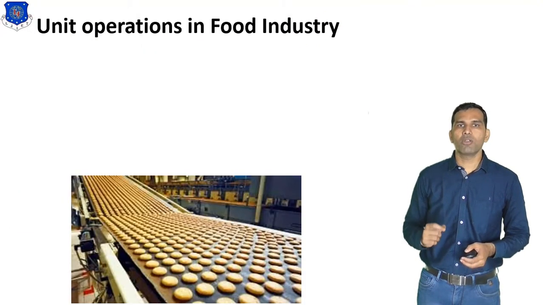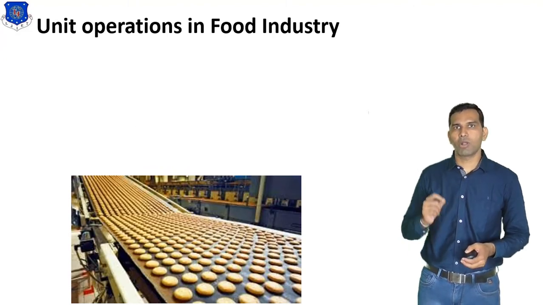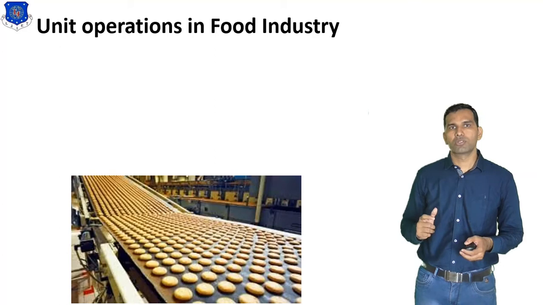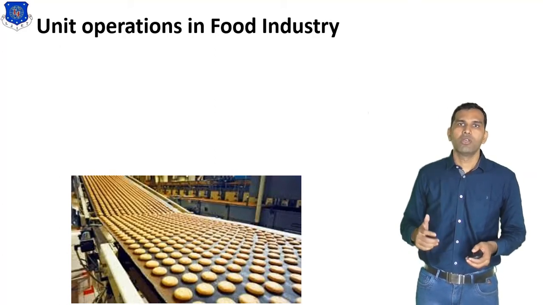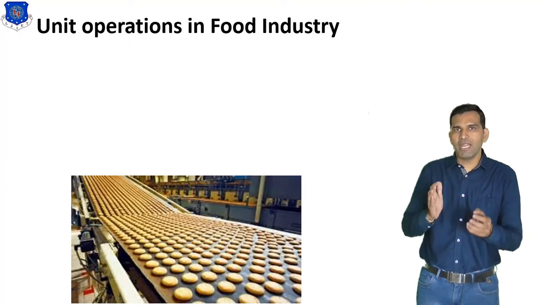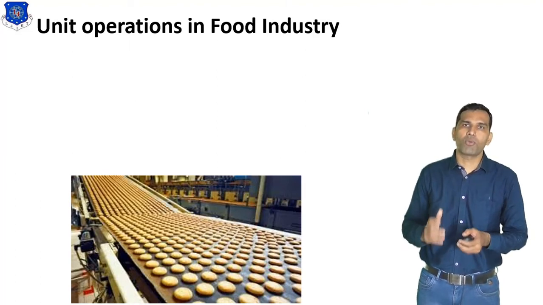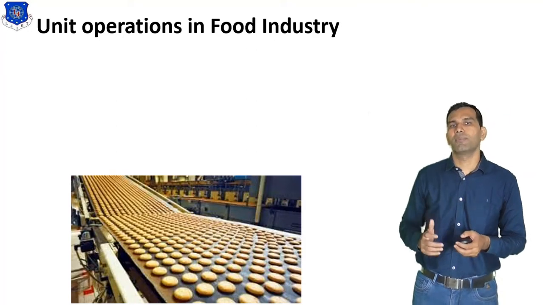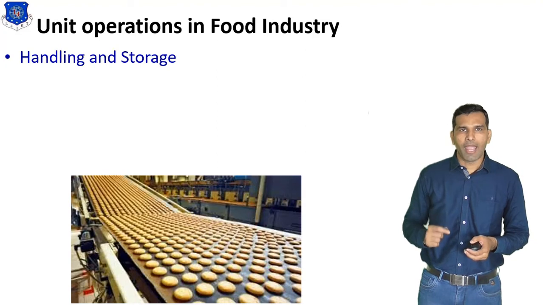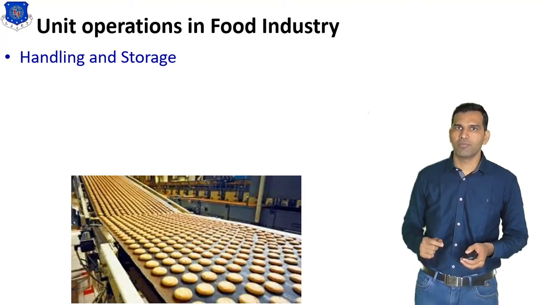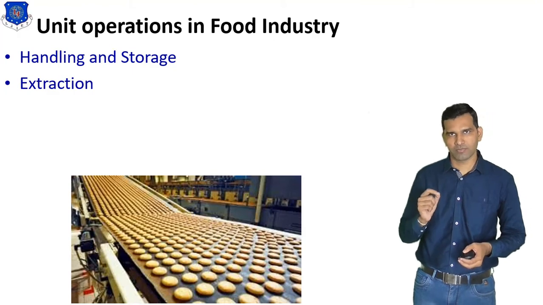Now, unit operations in the food industry. There are a number of operations used for preserving the food or making the food. Mainly we discuss a few units or processes used in the food industry. First we discuss the handling and storage method. Then we discuss the extraction.